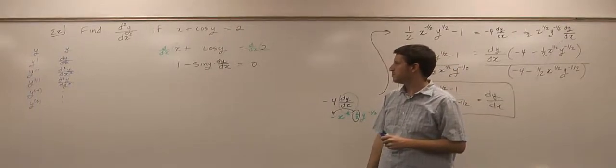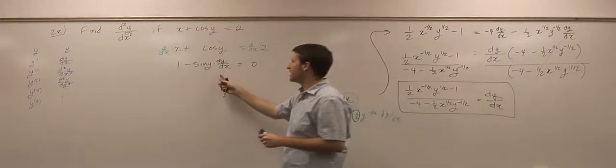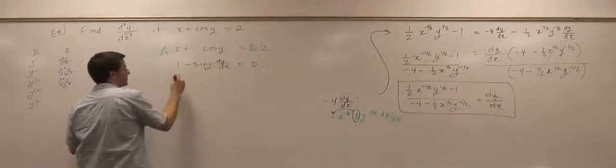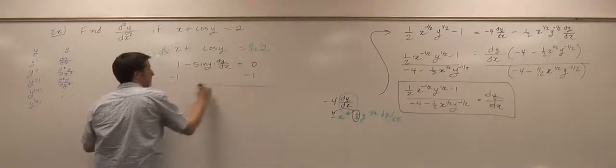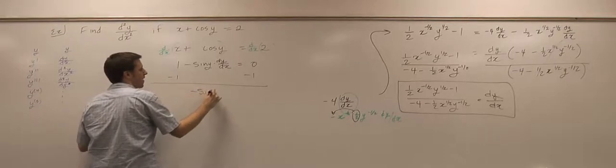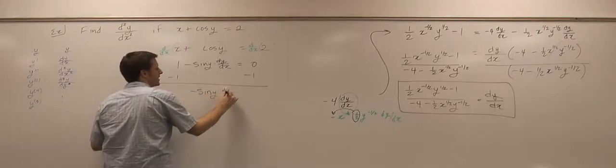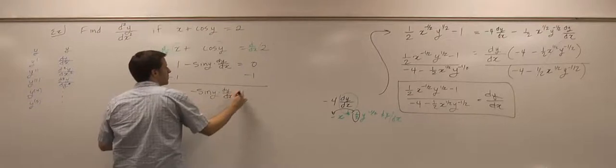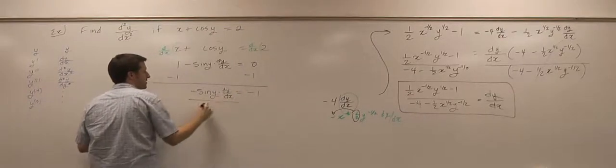Cool. So now we solve for dy dx to get the first derivative, which means subtract 1. Negative sine y dy dx equals negative 1, and then divide by negative sine.